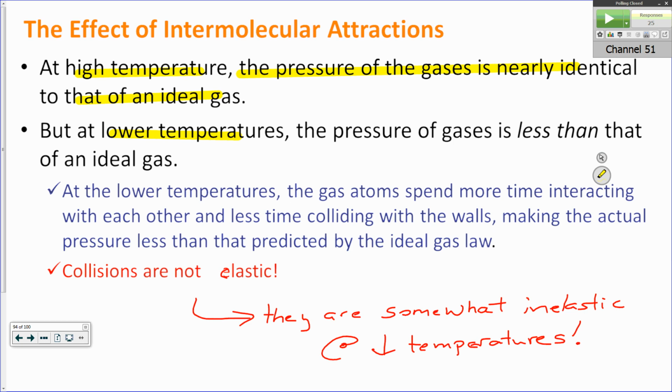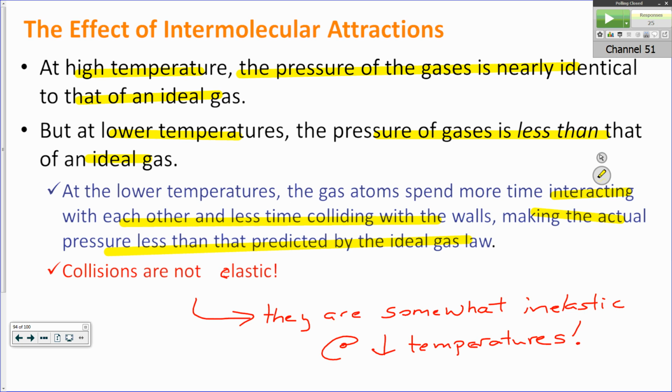So what happens then is the pressure is less than that of an ideal gas. And what they found is that at lower temperatures, the atoms spend more and more time in molecules interacting with each other and less time colliding with the walls. So this makes the pressure a little bit lower than that predicted by the ideal gas law.